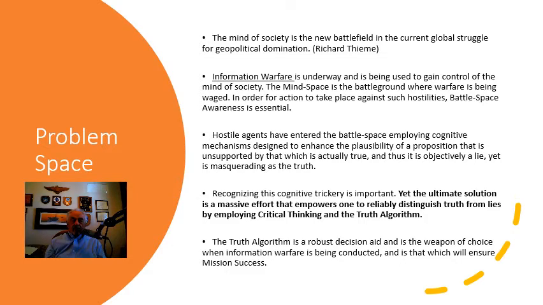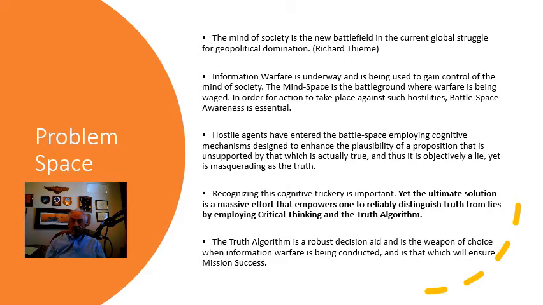Okay, the problem space. This is the problem that we are all facing. The mind of society is now the new battlefield in the current global struggle for geopolitical domination. And this comes from Richard Thiem.